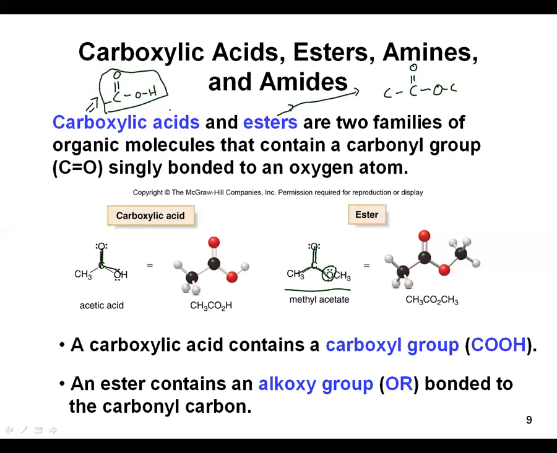So carboxylic acid contains that carboxyl group, again, abbreviated in shorthand sometimes. That is what is meant when you see the COOH. That COOH is basically that group right there. When we write it, it's kind of shorthand sometimes. We're referring to that group that is bonded there.